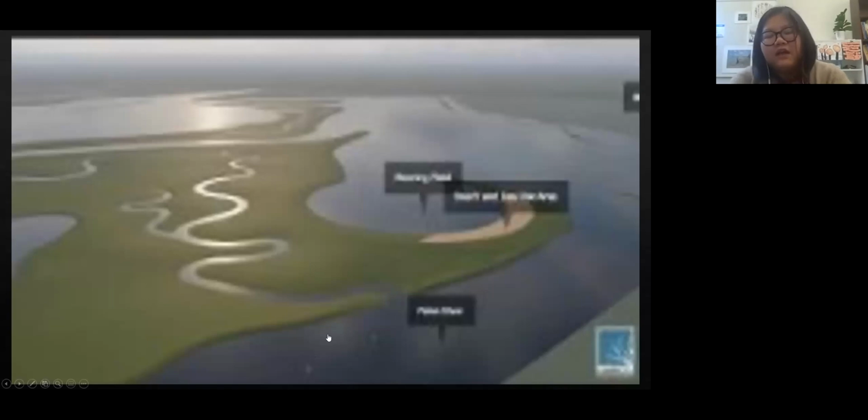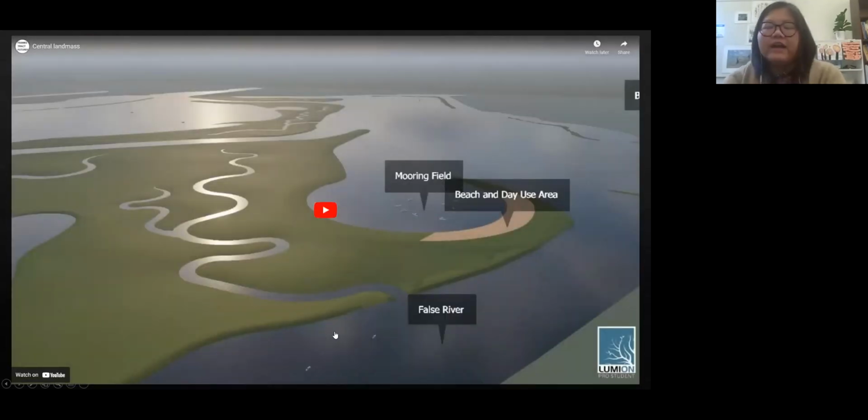And at the very last, we actually use virtual reality to show people, because on the map it still feels like there is a large portion of marshland. But we use virtual reality to show people the correct scale: although you're living here, you still have a large portion of water body in front of your house. And the marshland is really gigantic, but it's really far away from you.